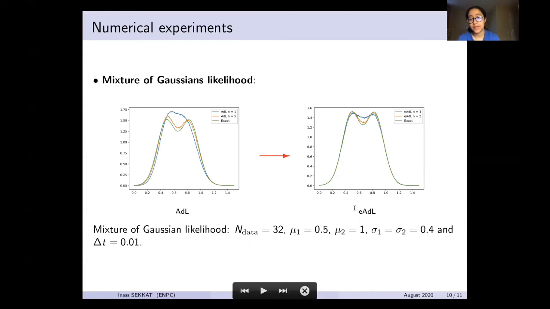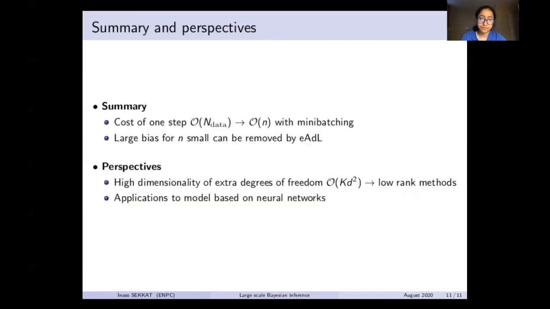For the extended adaptative Langevin dynamics, the bias decreases. However, we still get a little bias for the case n equal to 1. This is due to the fact that the covariance matrix is not fully approximated by the polynomial we used when we run the extended adaptative Langevin dynamics.